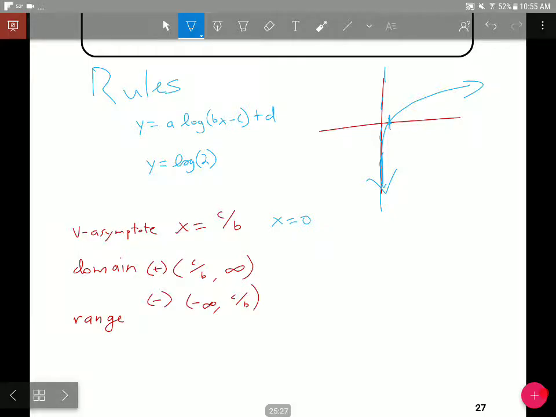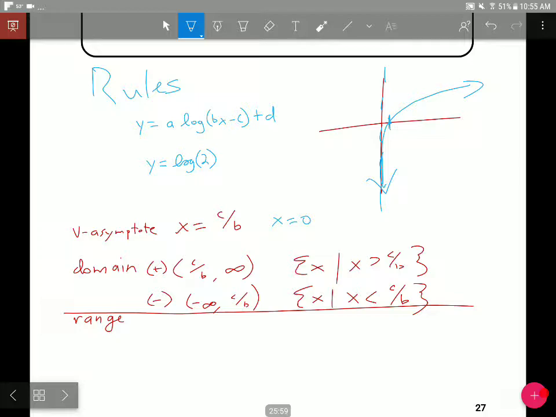So basically the graph either goes to the left or the right, one or the other. And so you have your set builder: x is either greater than C over B or x is less than C over B. Cool?